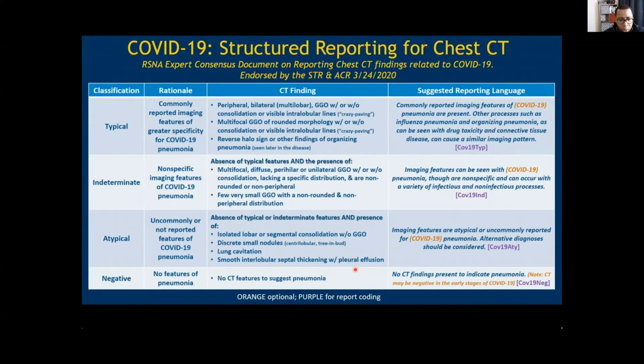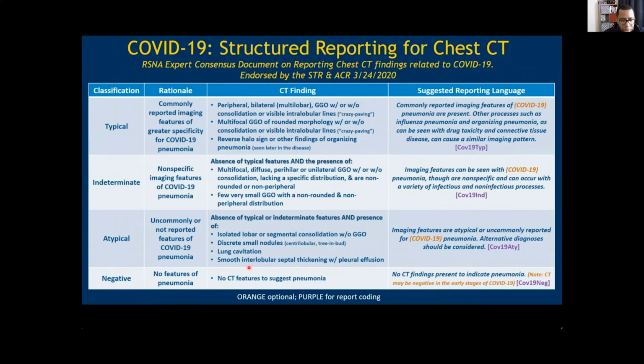So you have this focal area of infection, because we know COVID is not one that affects a focal area of the lungs, rather it's a diffuse process. Discrete small nodules, centrilobular or tree-in-bud nodules, lung cavitation, smooth interlobular septal thickening with pleural effusions are atypical findings, right?